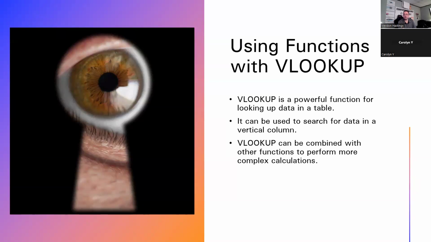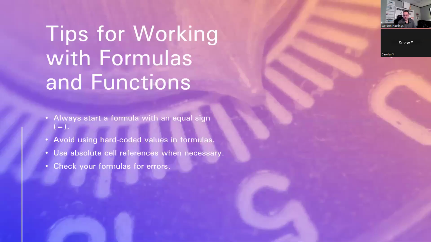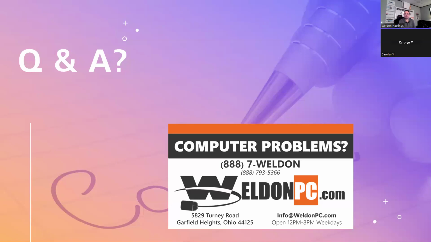VLOOKUP is a similarly useful function in Microsoft Excel when looking up data in a table. It can be used in a variety of situations. These basic tips and tricks will help you work more efficiently with formulas and functions in Microsoft Excel. And if you have any questions, by all means, feel free to unmute or place it in the chat. Leave it in the comments below.